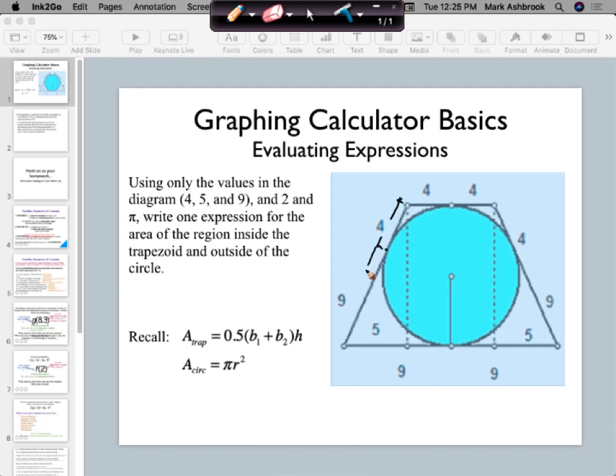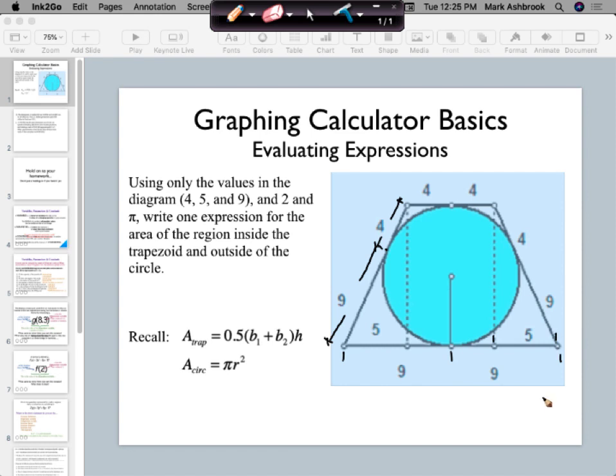And then 9 is the distance from there to there. This is 9 from there to there, 9 from there to there. This is 5 from here to here, etc.